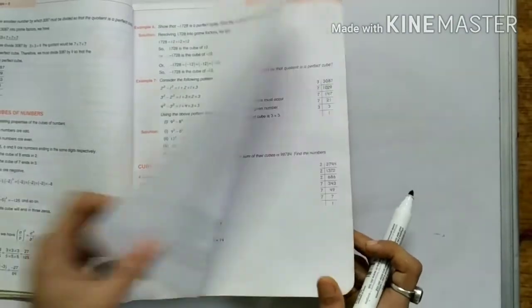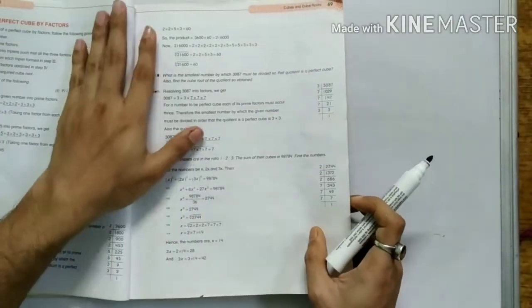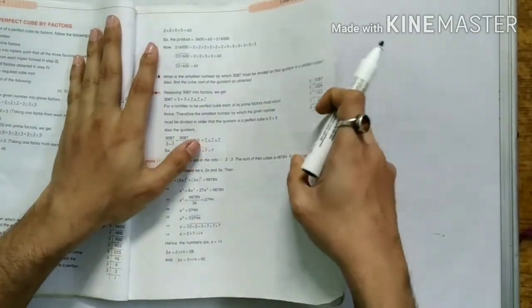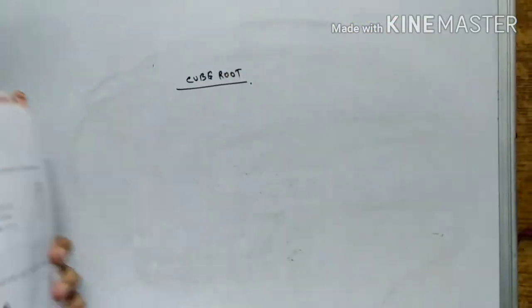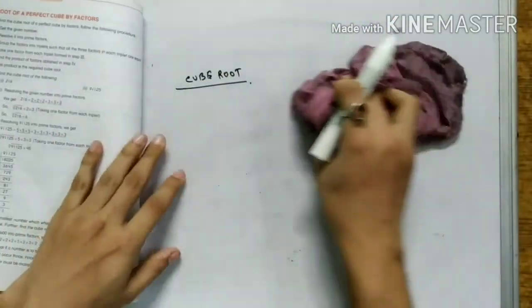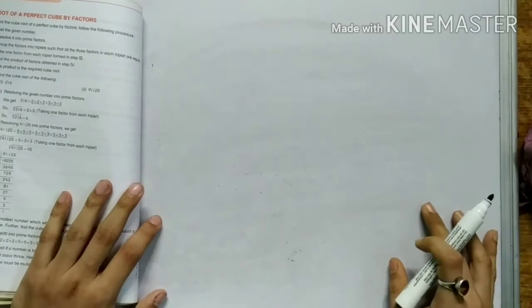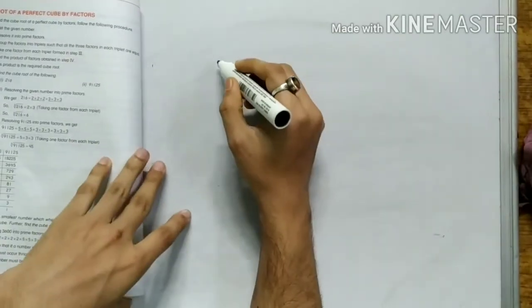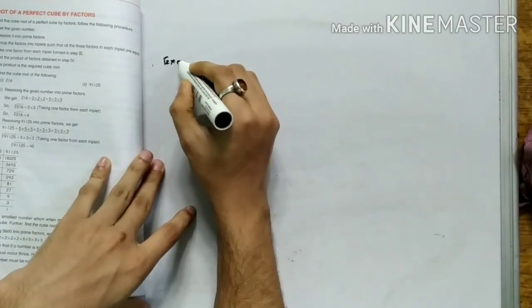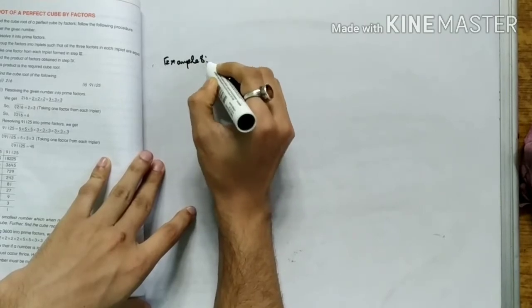So now you see, next is cube root of a perfect cube by factors. Okay, if I want to find the cube root of a number, the cube root of a perfect cube. This is our example 8.